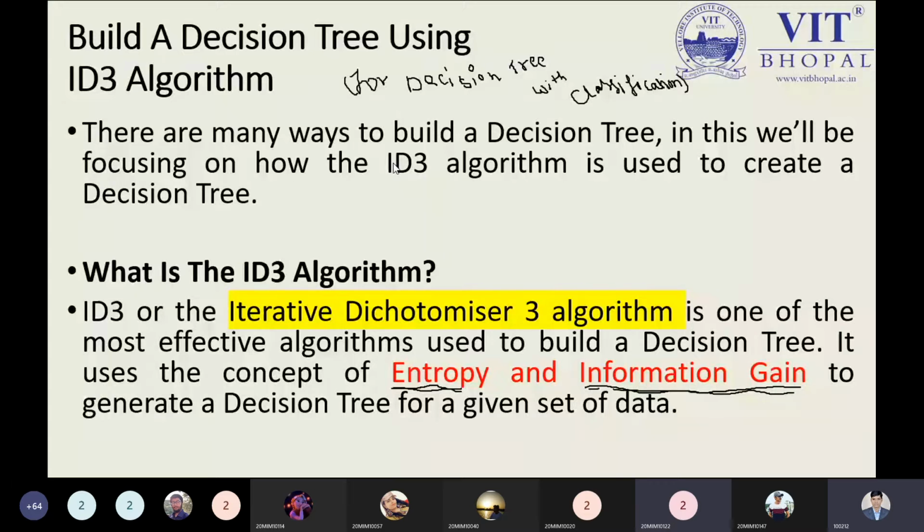So what is the meaning of dichotomizer? Dichotomizer is saying what attribute we are selecting in the machine learning approach. All the features and attributes are important, but you have to select the best features based on finding the impurity.